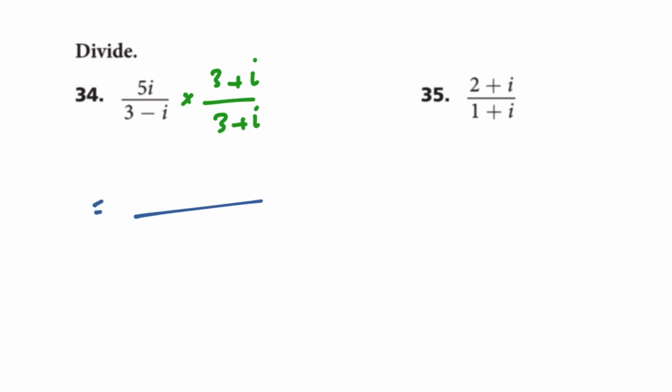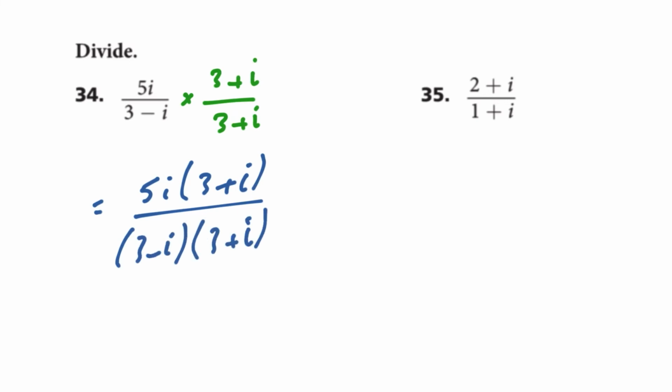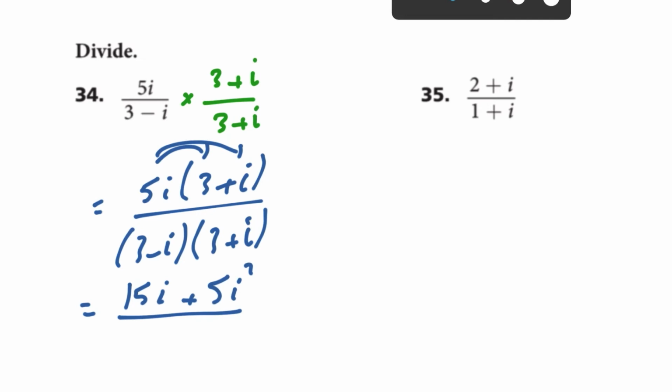So the question turns into 5i multiplied by 3 plus i, over 3 minus i multiplied by 3 plus i. FOIL method, 5 times 3 is 15i, 5i times i is 5i square. In the denominator, we have special product. Instead of applying FOIL or butterfly, I'm gonna multiply the first by the first and the second by the second.